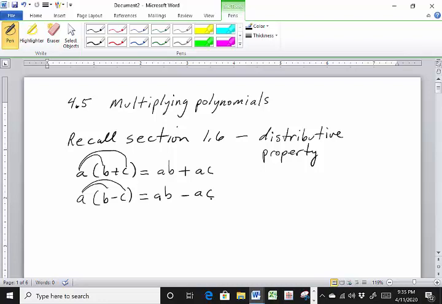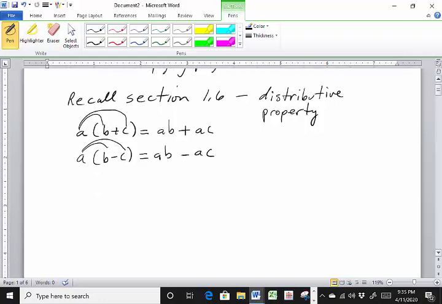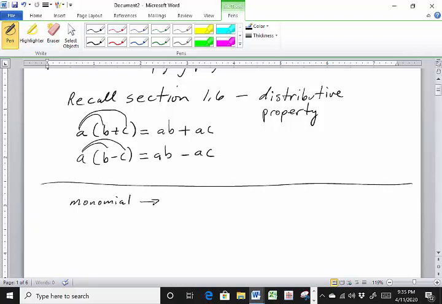So let's start out with multiplying two monomials. Let me write down some terminology I'm going to be talking about. Before we start multiplying, let's talk about a monomial. That is just a single-term polynomial.